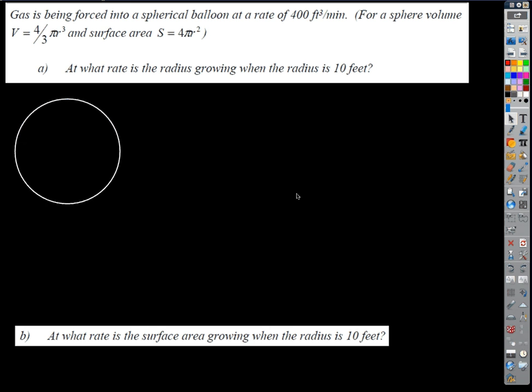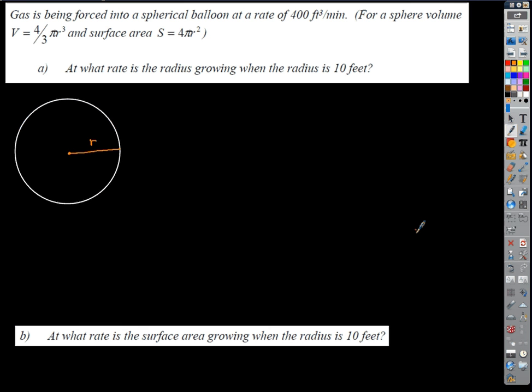Okay, so what do we know? What are the variables in this case? Only one that we can draw: the radius. So the radius we'll call R. Okay. And we want to label all of our snapshot values.